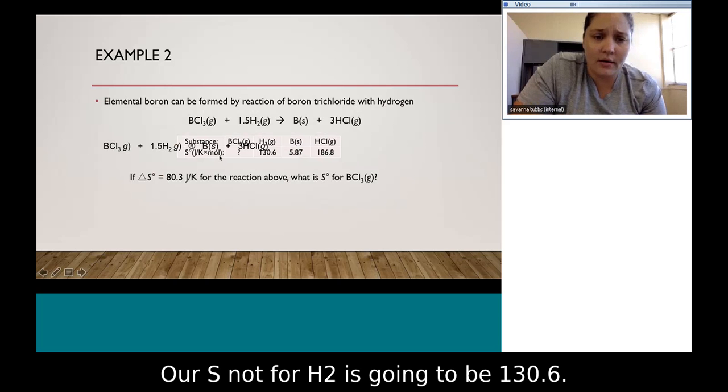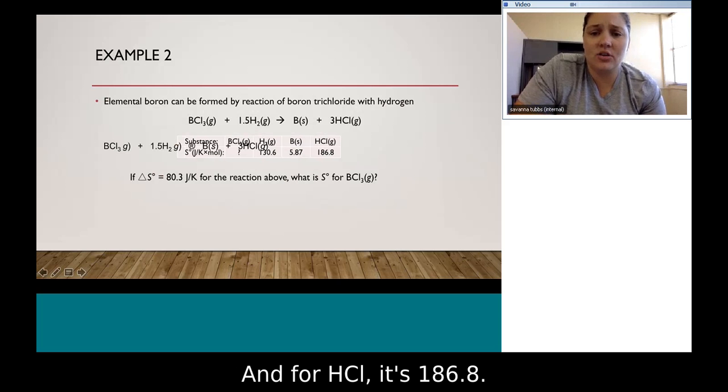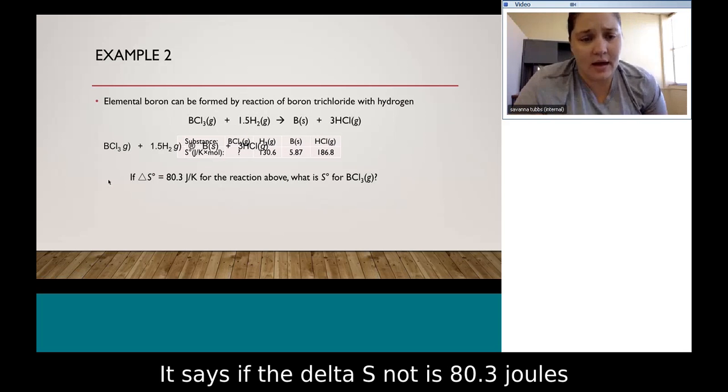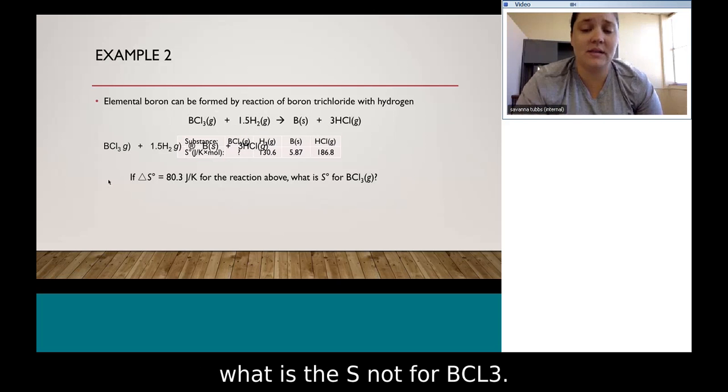Our S naught for the H2 is going to be 130.6. For B, it's 5.87, and for HCl, it's 186.8. It says if the delta S naught is 80.3 joules per Kelvin for the reaction above, what is the S naught for BCl3?